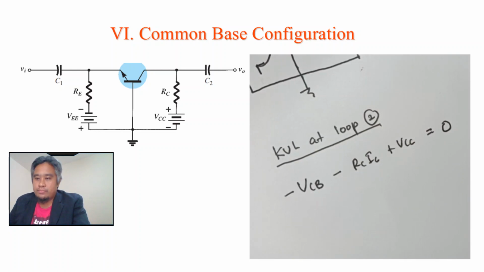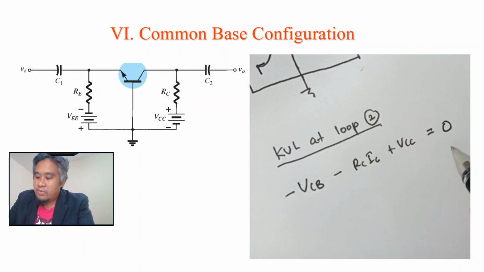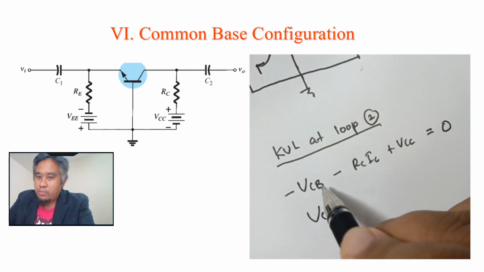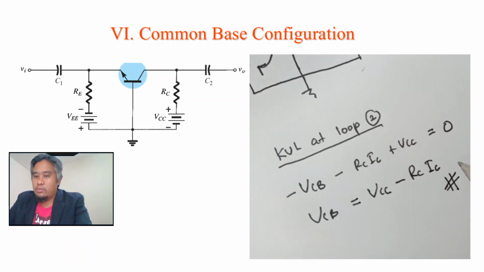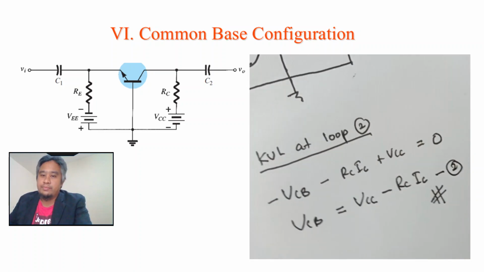Then we can simplify this equation. Moving VCB to this side, it's positive, so VCB equals VCC minus RC IC.